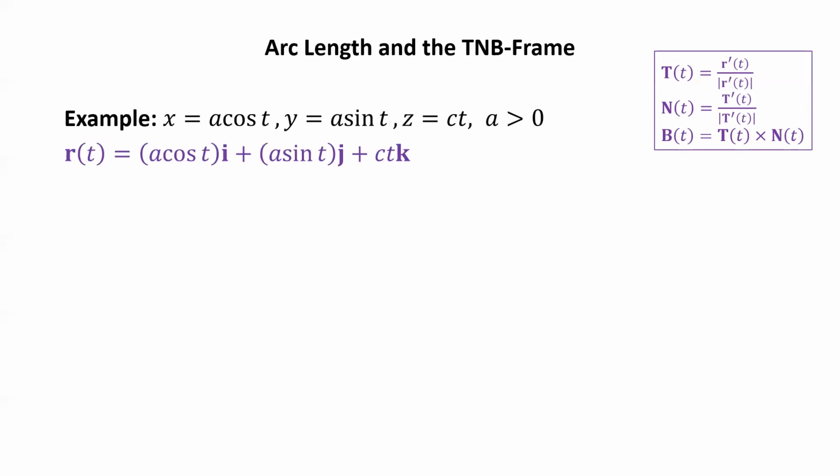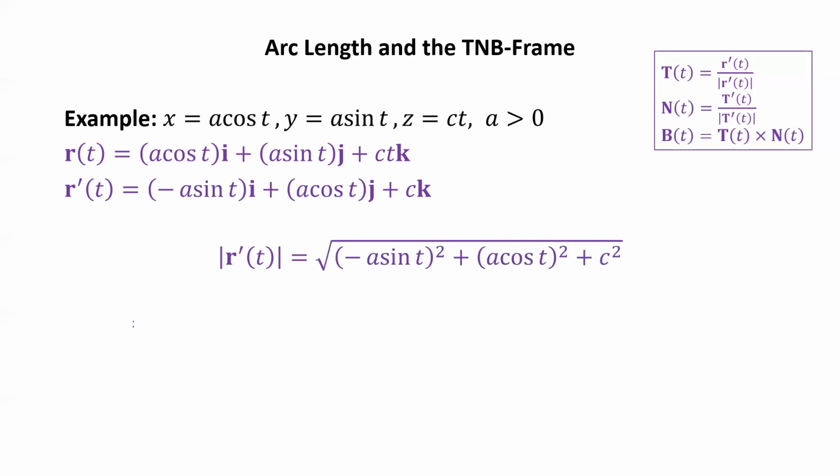Let's start by rewriting the parametrization as a vector-valued function. r(t) is a cosine t i plus a sine t j plus ct k. r'(t) is negative a sine t i plus a cosine t j plus c k. The length of r'(t) is then the square root of the square of negative a sine t plus the square of a cosine t plus c squared, which under the square root, we have a squared sine squared t plus a squared cosine squared t plus c squared.